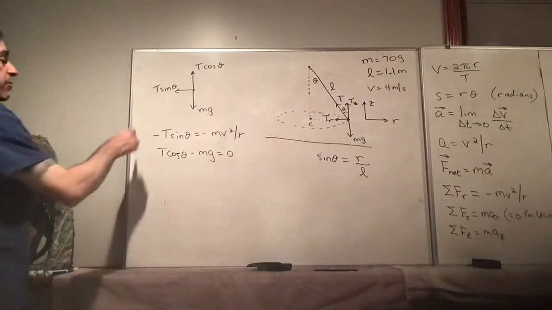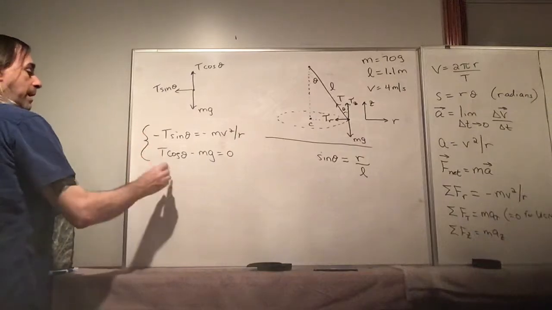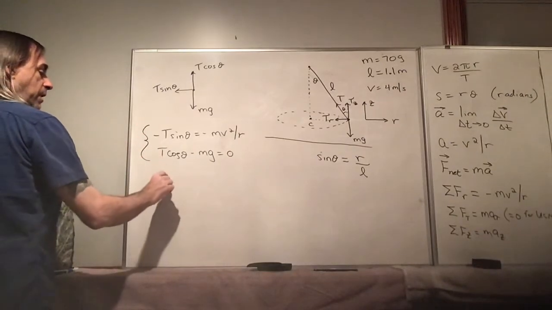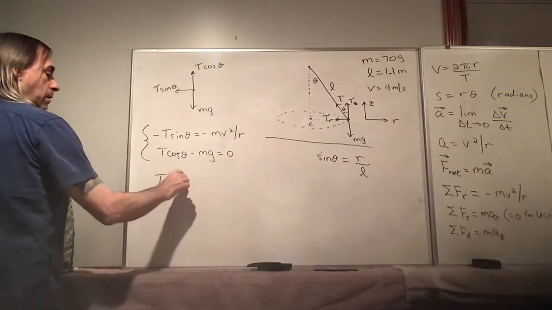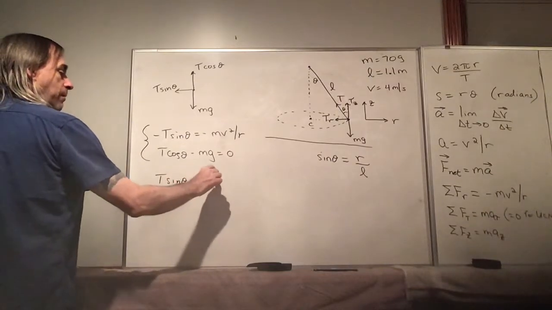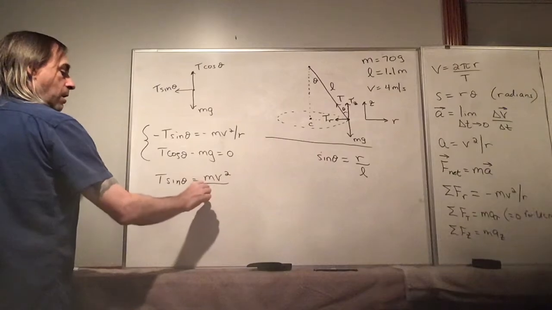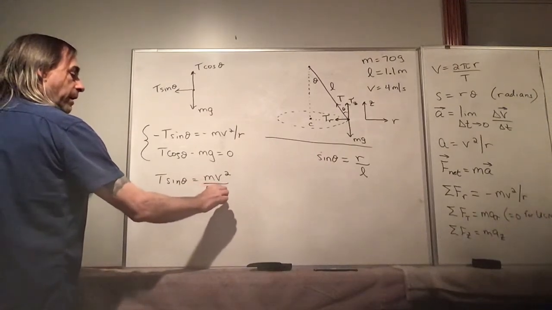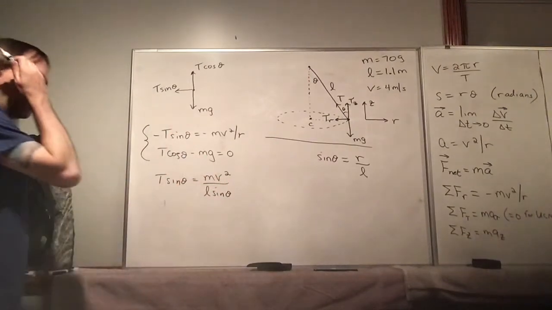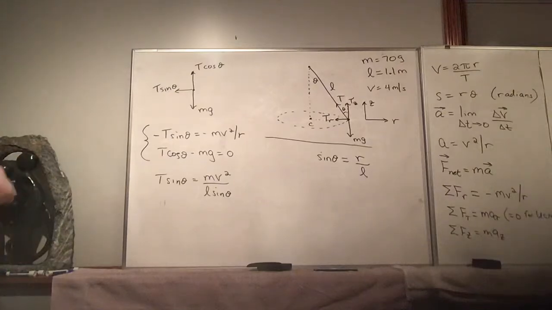So first off, let's rewrite this without the minus sign. So we have T sine of theta equals mv squared divided by r, which is L sine of theta. I wonder if this is going to be solvable just mathematically.